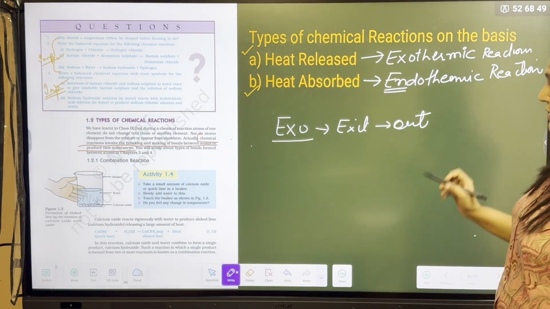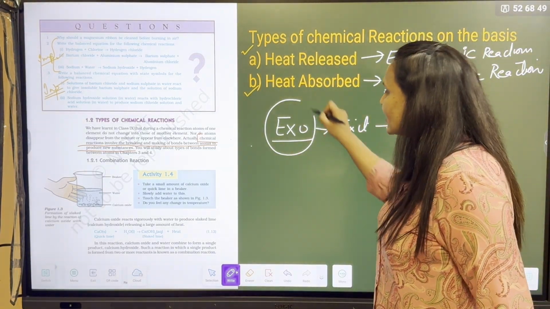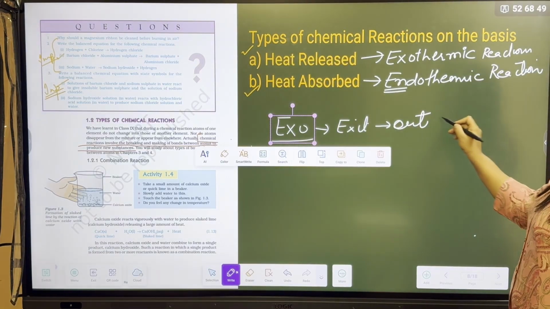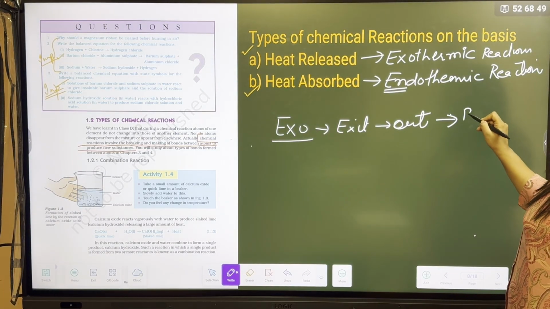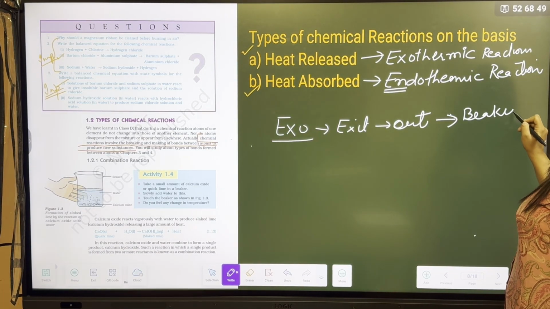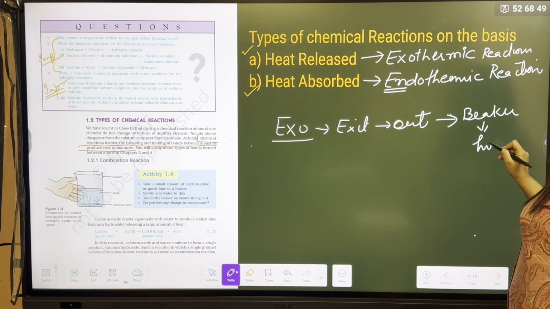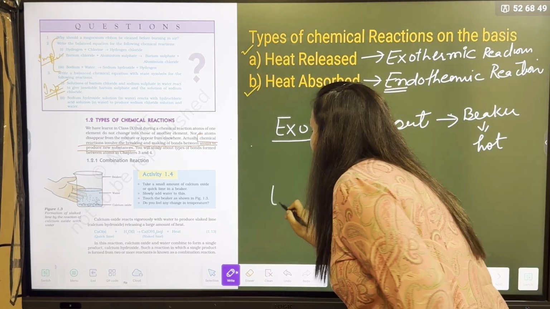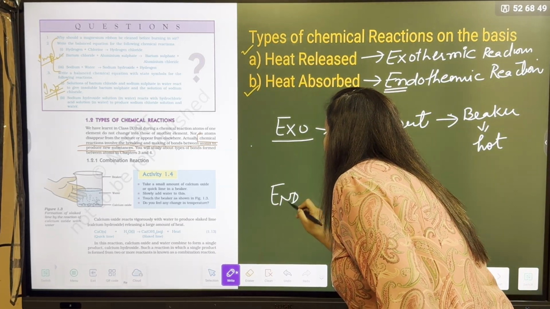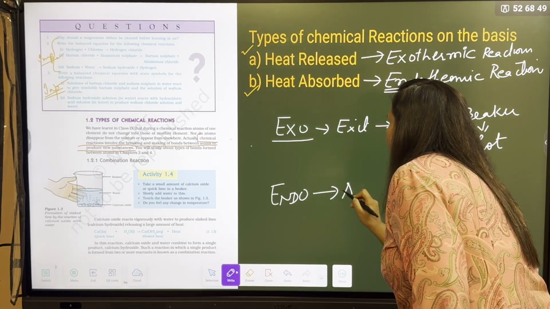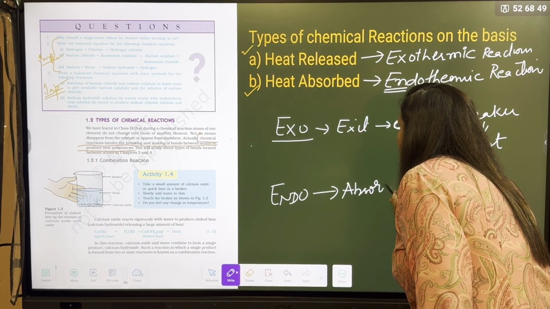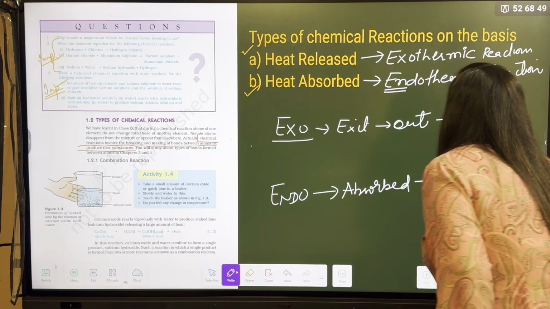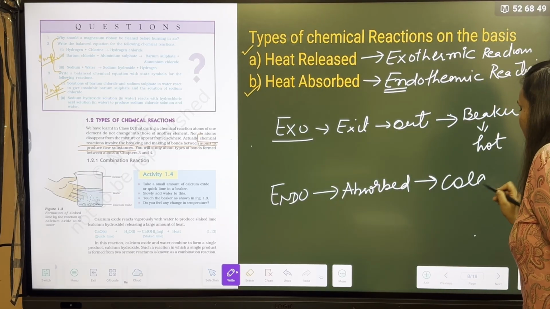See, there are two ways. When the reaction is exothermic, when the heat energy is given out, your beaker or test tube will become hot. And when it is an endothermic reaction, energy is absorbed. Your beaker will become cold.